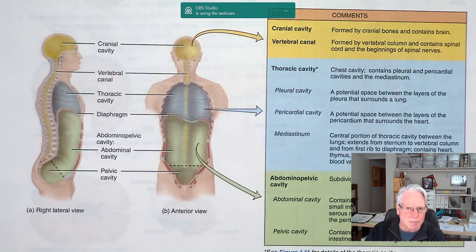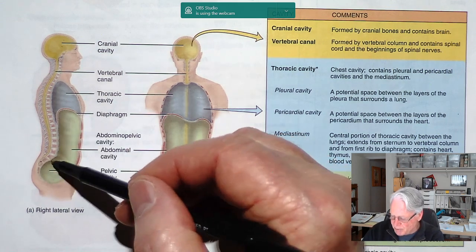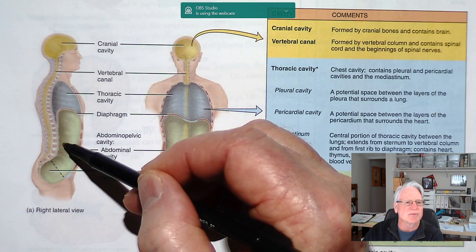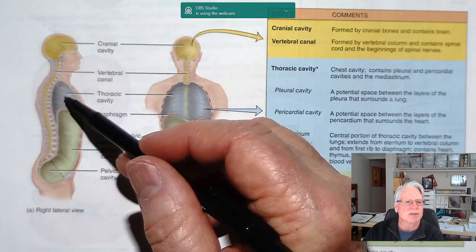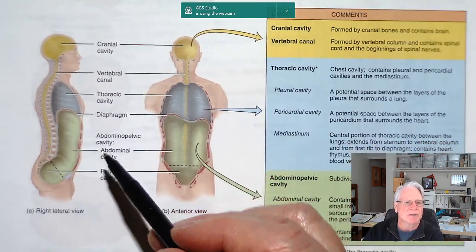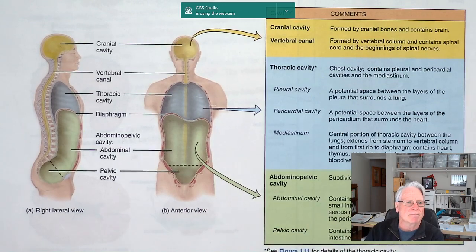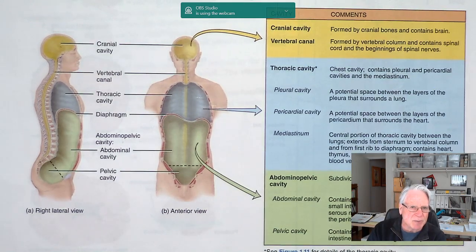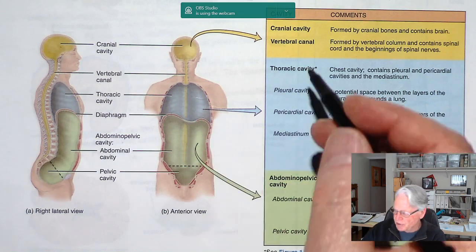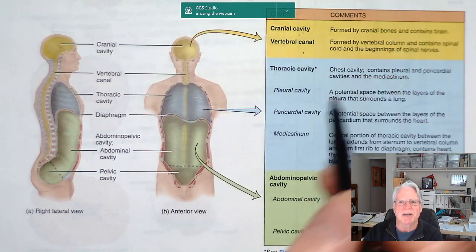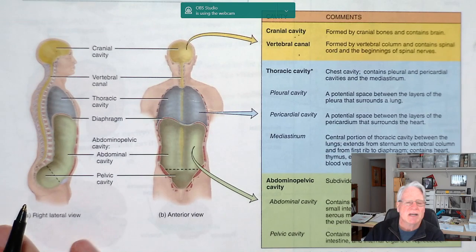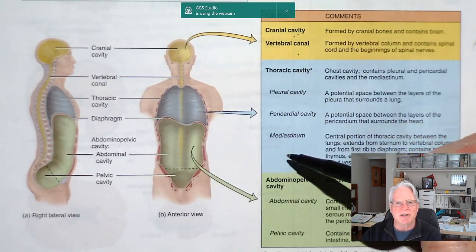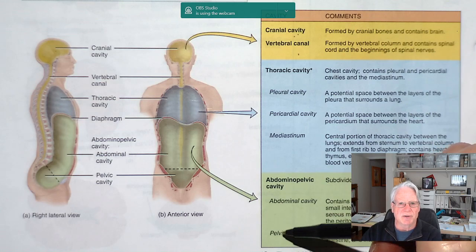Then there's the ventral body cavity, and that's this space right here. So this is the space in the front of the body, and that includes the thoracic cavity and the abdominal pelvic cavity. Okay. So those are the two major spaces. The dorsal body cavity, which includes these two spaces here, and then the ventral body cavity, which includes the blue area and the green area.